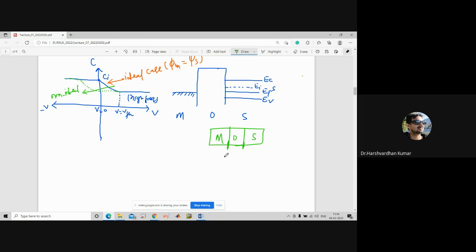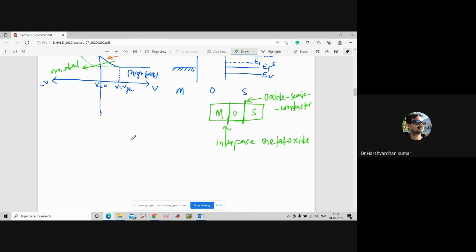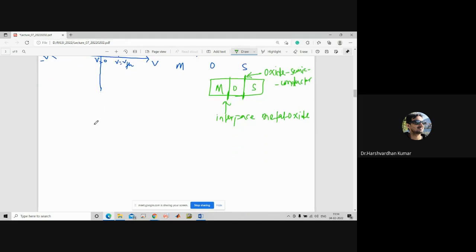This is known as the metal oxide interface, and this interface will be known as the oxide semiconductor, or you can say insulator semiconductor, interface. We are not considering any defect at the interface. We are considering the case first, that is phi m is less than phi of s.